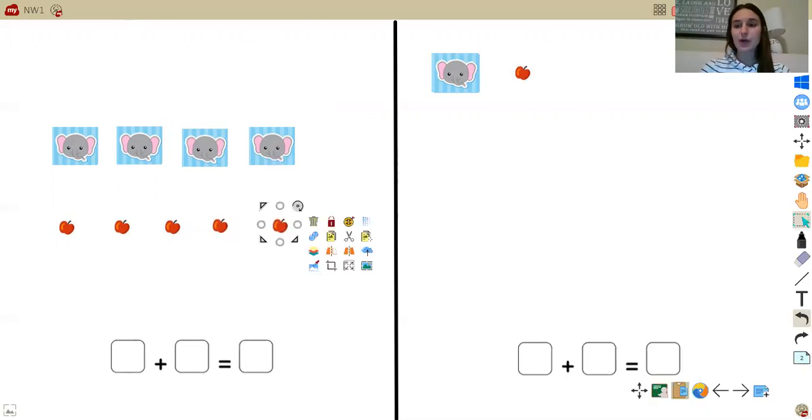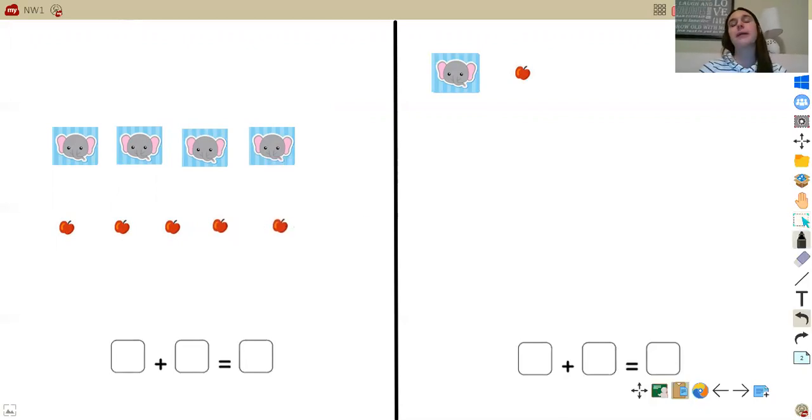Now that my stickers are broken apart, I need to make sure I am labeling my picture just so I don't make any mistakes. So I'm going to start with the big stickers, and that'll represent my first number.